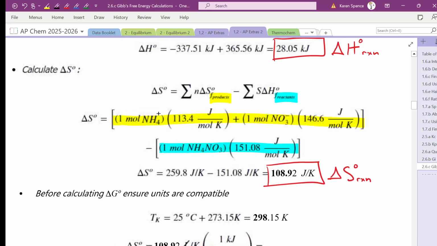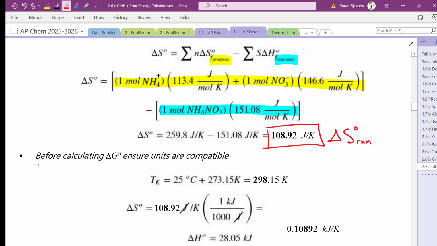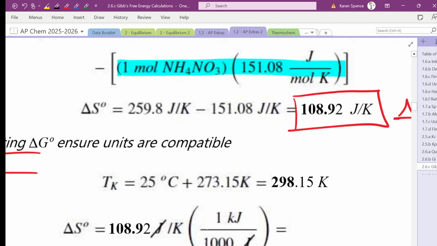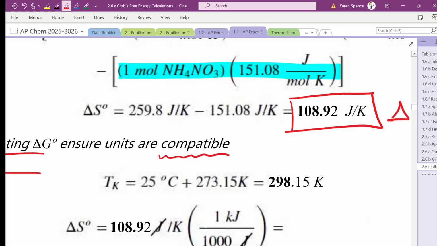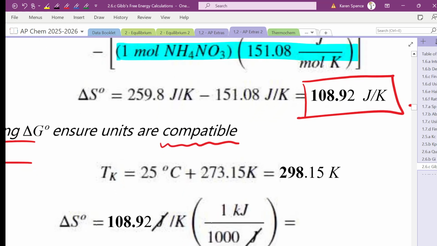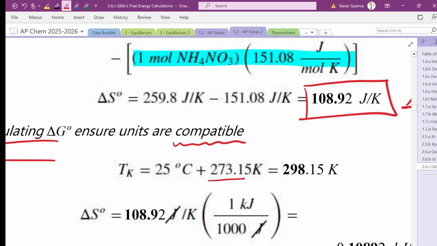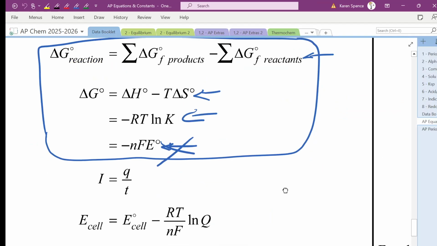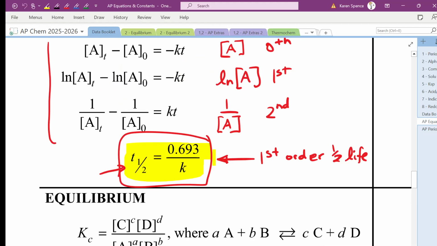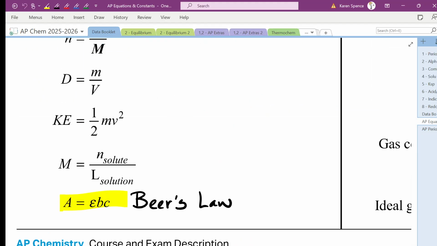But before we do that, before calculating delta G, ensure that your units are compatible. So temperature has to be in Kelvin. If you do not remember, 273.15 is what you need to add. Where could you find that? You could find that in your data booklet in the gas section.